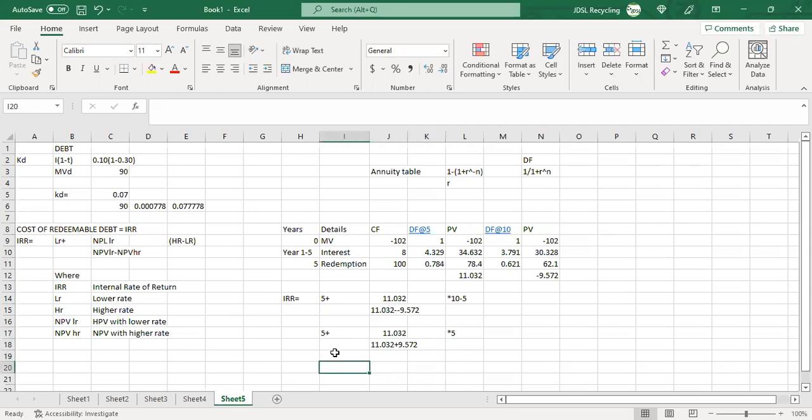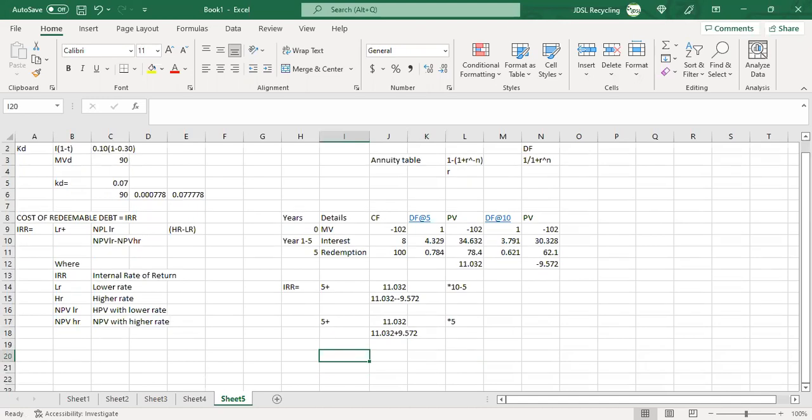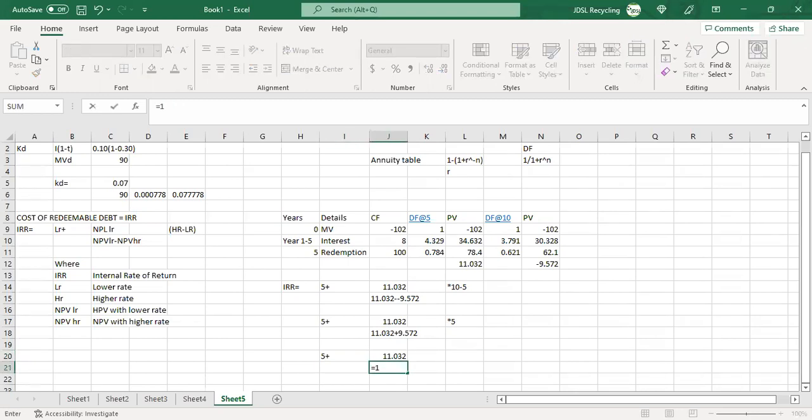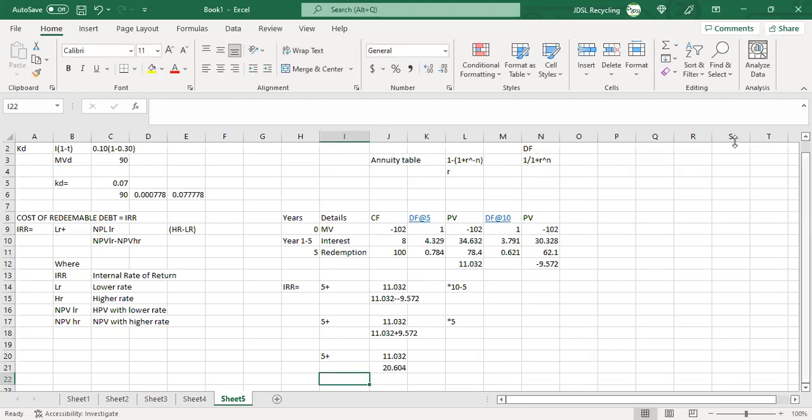So can we compute this? 5 plus 11.032 divided by 11.032 plus 9.572, multiplied by 5. What do we have?